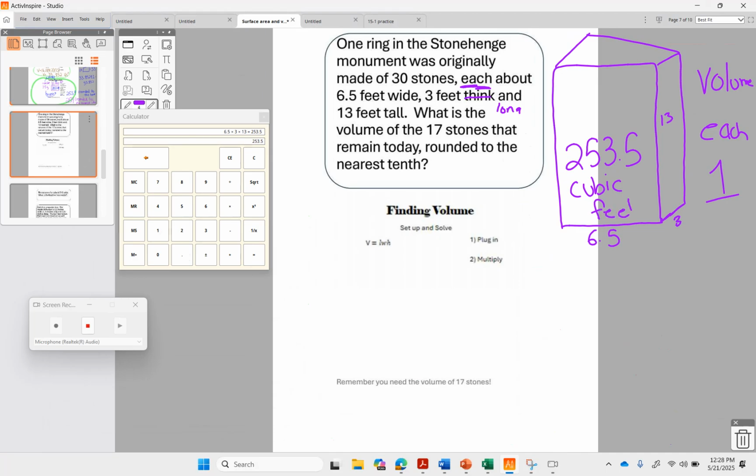But there are 17 stones that I need to find. So I'm going to take that 253.5 cubic feet and multiply it by 17, and I'm going to get 4,309.5 feet cubed. Remember, the cube is just part of the unit. You're not actually multiplying anything to the 3rd power.